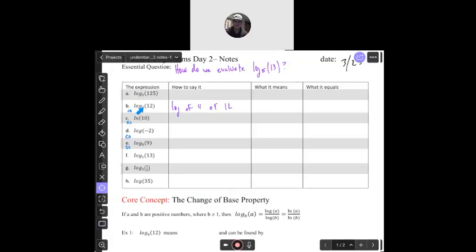It's a subscript, yeah, but that's not what it's called. It's a base. So how would you say that? Log base 4 of 12, right?